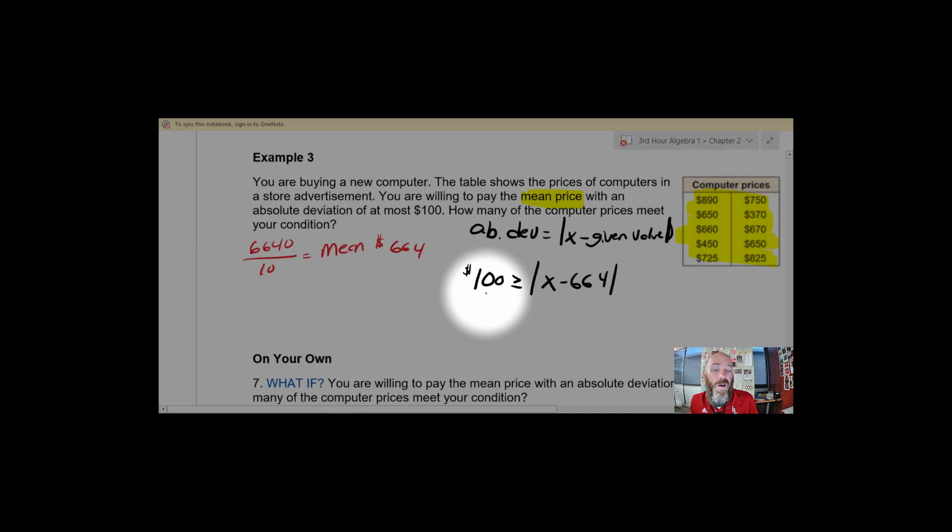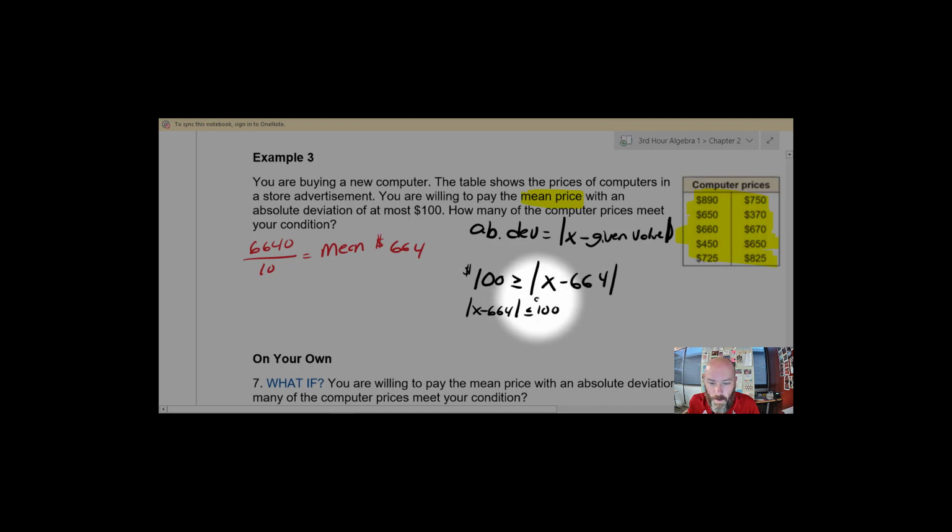You don't want to pay more than $100 more than the average price, or go less than that. So if we rewrote this as the absolute value of x minus 664 is less than or equal to 100, that's how we should rewrite it with the absolute value first.